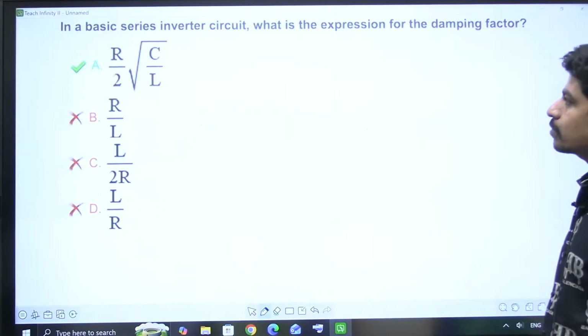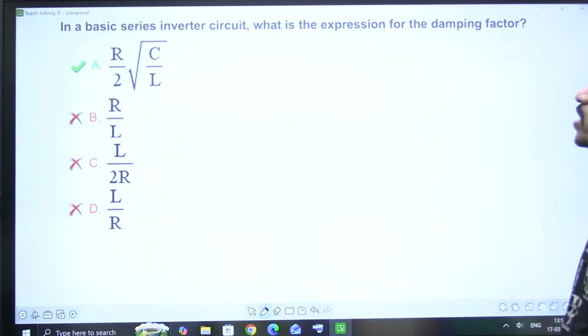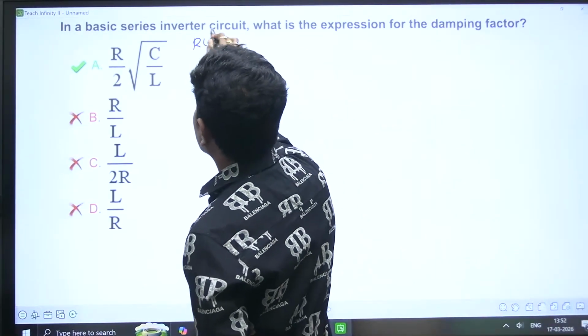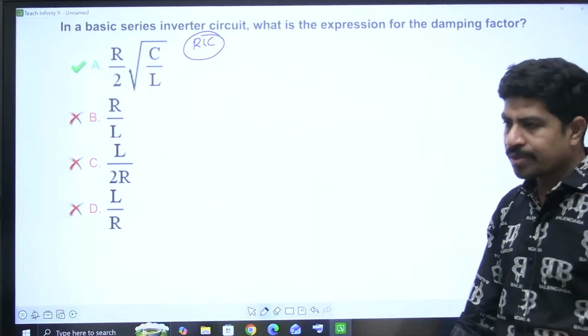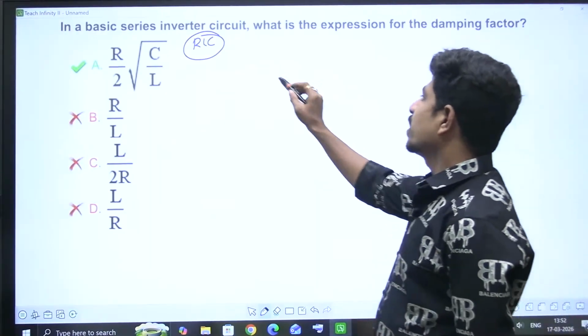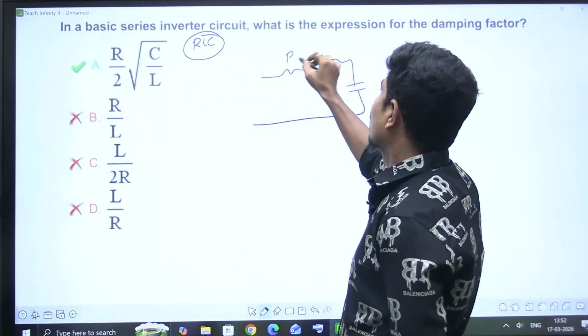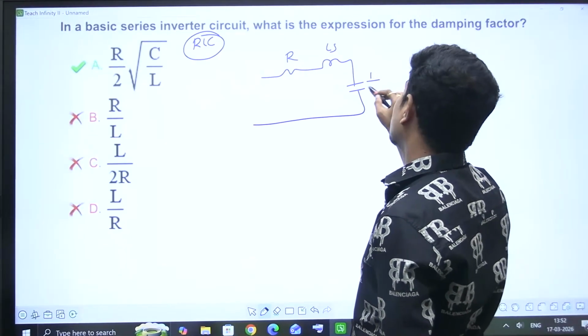Next. In a basic series inverter circuit, what is the expression for damping factor? He's asking about an inverter circuit, but we will take the basic series RLC circuit. There is no separate inverter circuit; inverter comes under power electronics. Now, for series RLC in the S domain, R stays R, the inductor is LS, and the capacitor is 1 by CS.